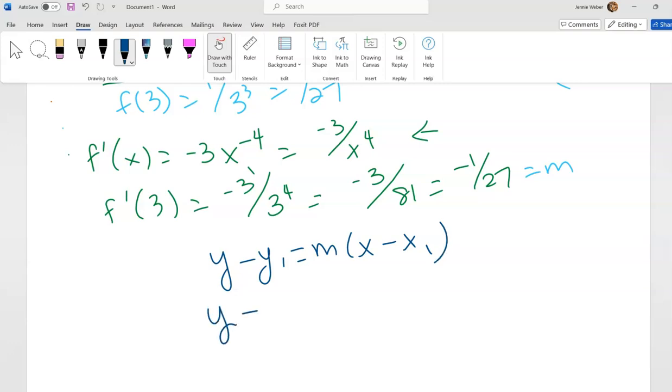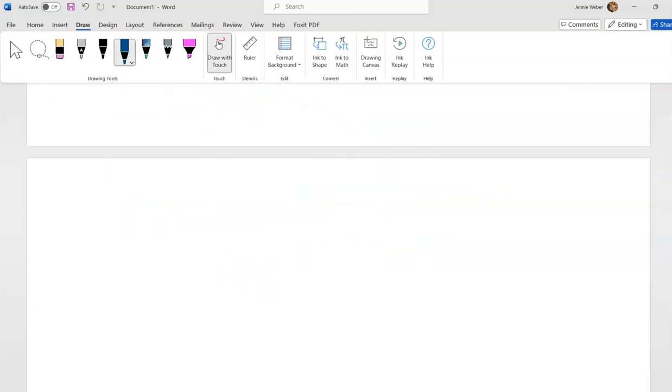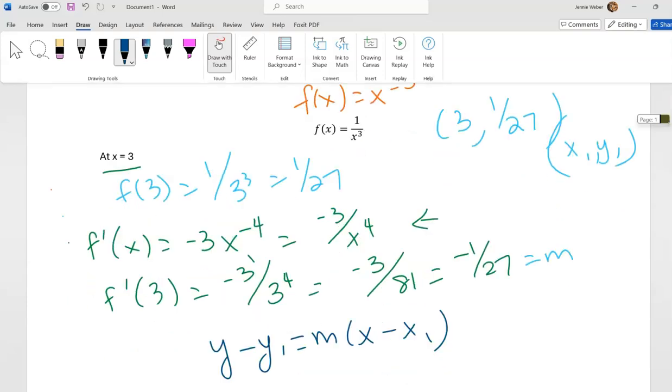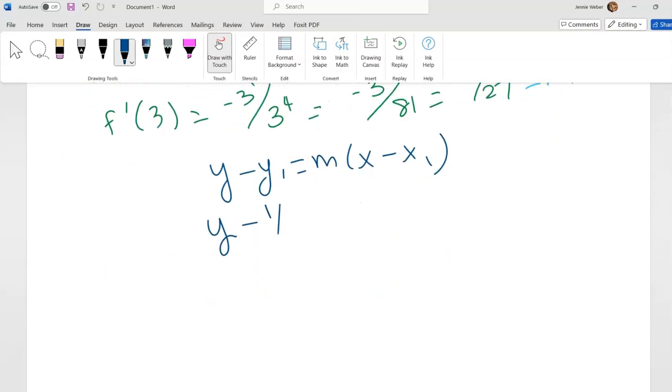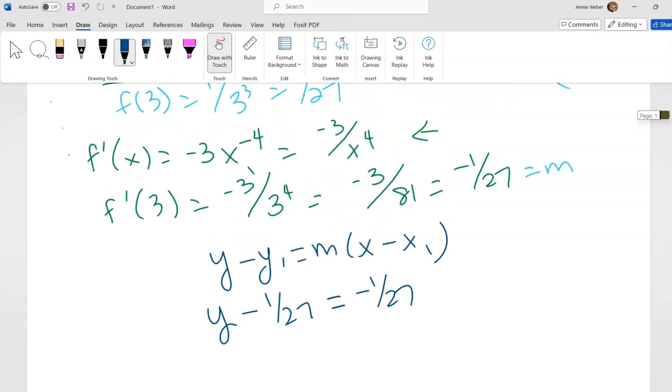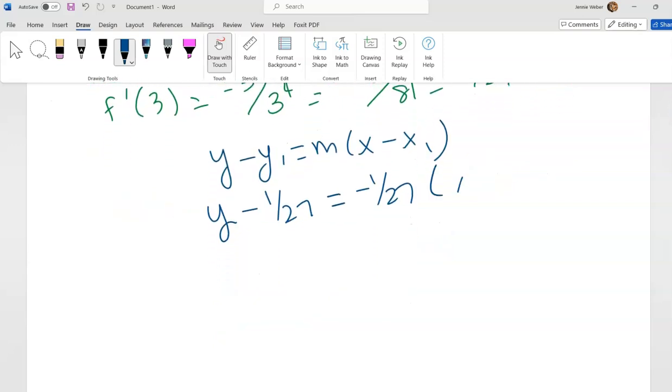So this is y minus, well, what was y1? Repeat. 1/27 equals negative 1/27, because that, right, is my slope, times x minus 3, because that was my original point.